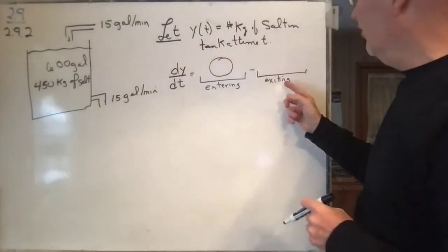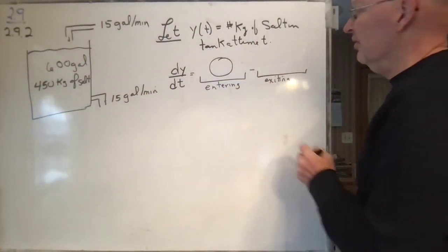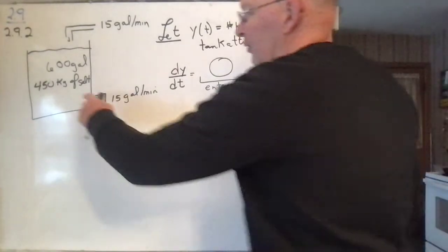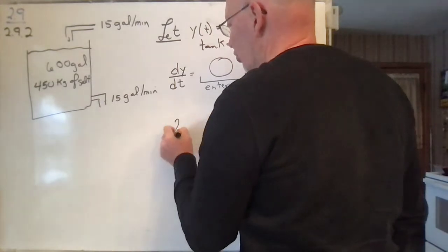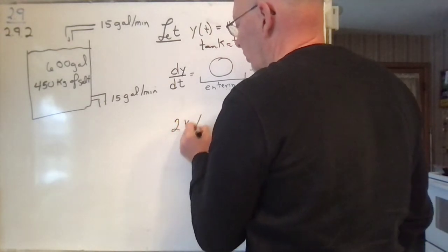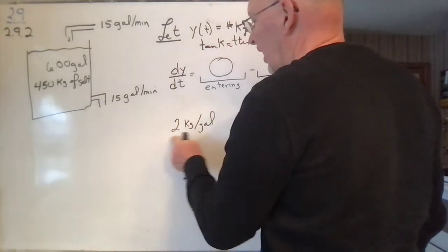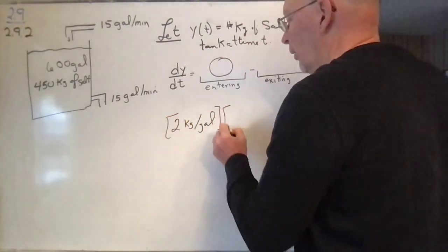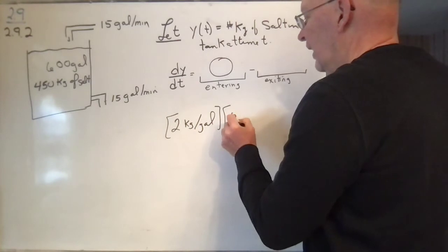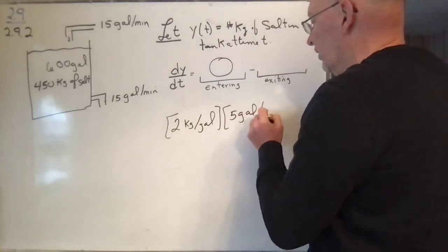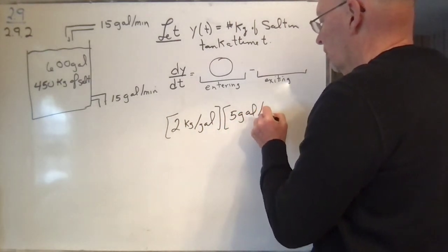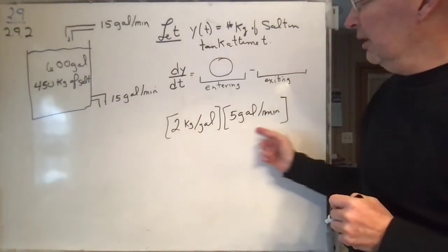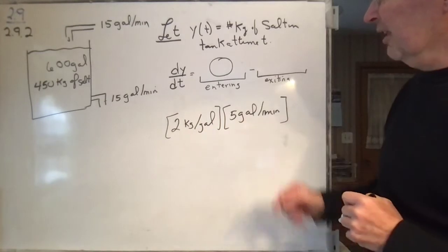So for example, if this were 2 kilograms per gallon, if that were just constant, and if the solution was exiting at 5 gallons per minute, then what's the rate at which the salt is leaving?